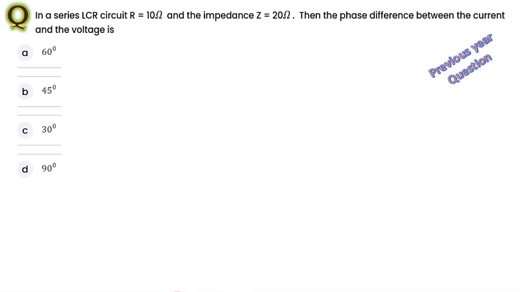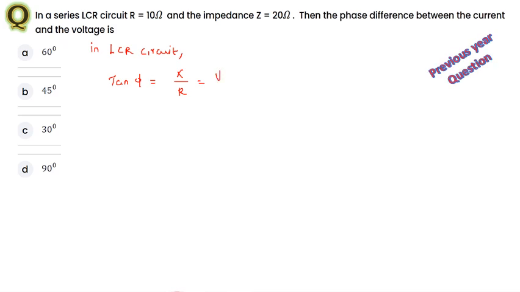Now in case of an LCR circuit, I will mention the formula here. The formula for the phase angle is tan phi equal to X divided by R, where X is about the inductor.